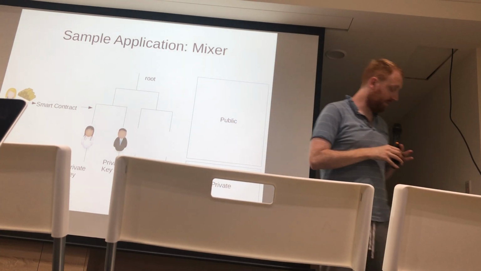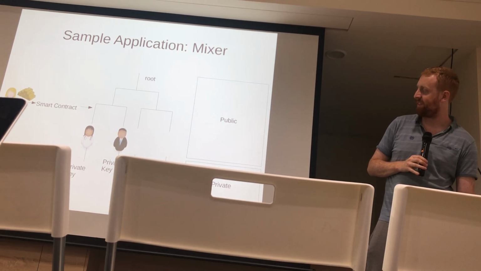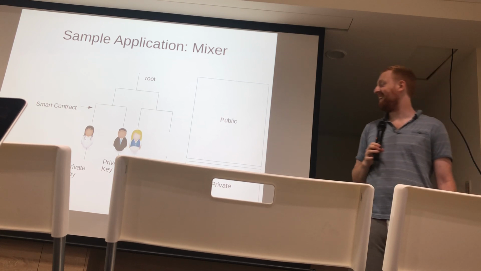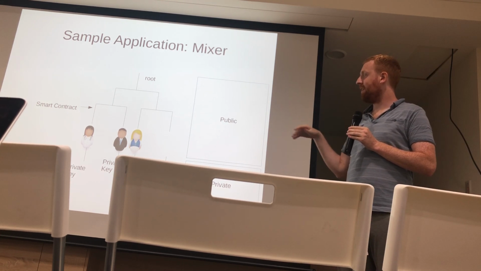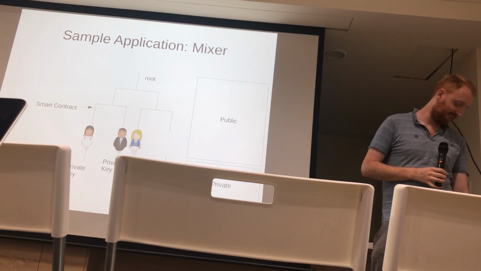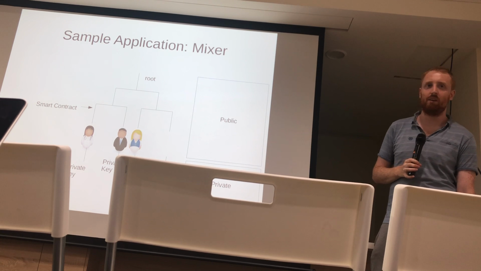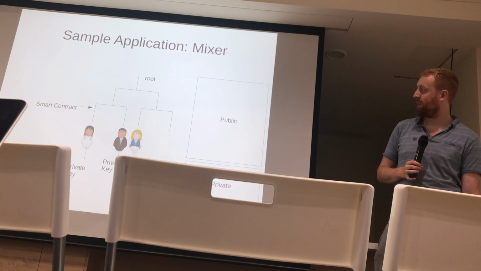This woman sends one ether to the contract, and she's in the group. So that's the deposits working. Everything's good. We don't have to use a snark for this at all. It's just a hash function inside the EVM. Cool.